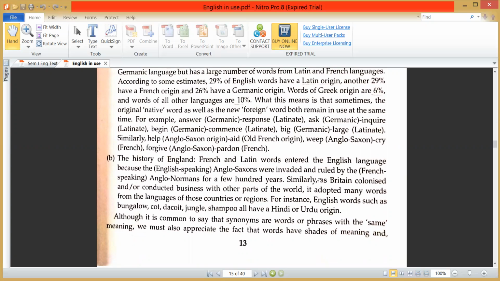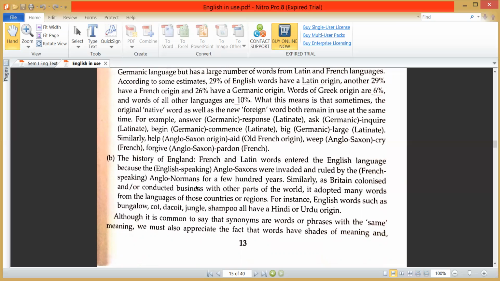We see that Latin and French words have entered the English language because the English speakers, the Anglo-Saxons mentioned here, were invaded and ruled by the French speakers. Those French speakers are called Anglo-Normans.